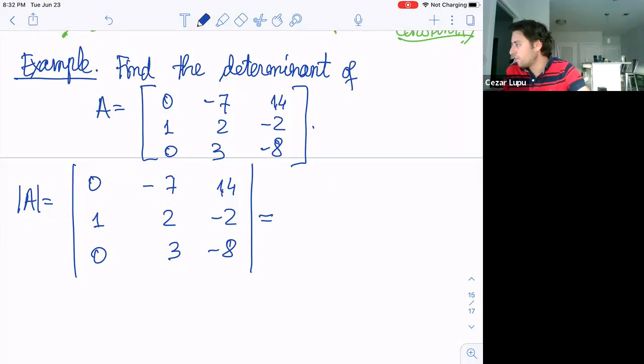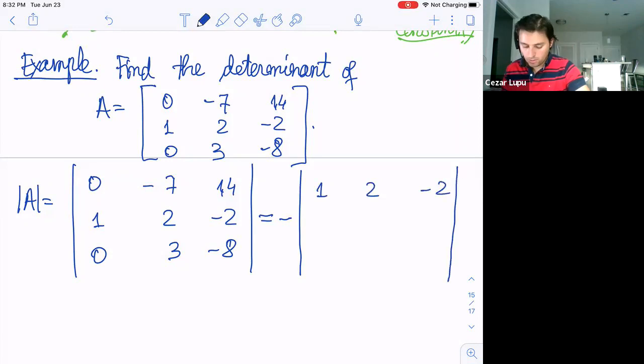What would you suggest? For example, let's interchange the first two rows. So I'll get negative, 1, 2, -2; 0, -7, 14; 0, 3, -8.